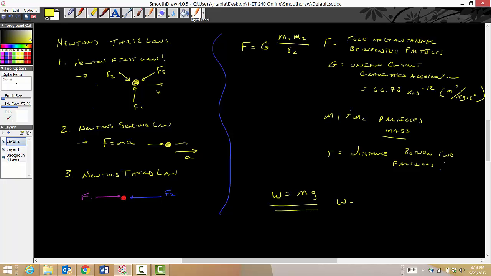So W is equal to the weight, m is equal to the mass, and g is equal to your gravitational acceleration constant, so that's 9.81 meters per second squared, and so forth. That's just a quick overview. What I'm going to do now is create a couple of videos with just some unit conversions and an example on this, just to help us move forward.